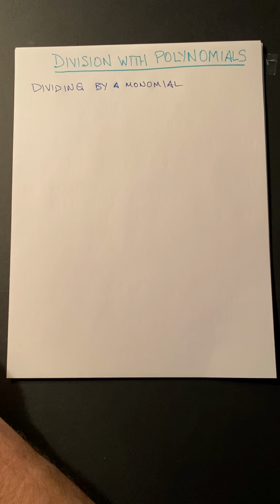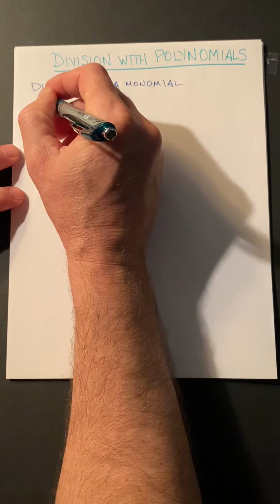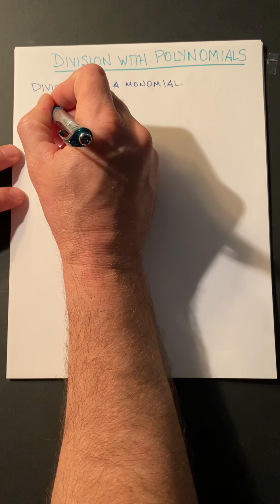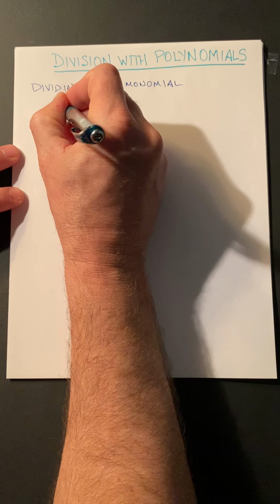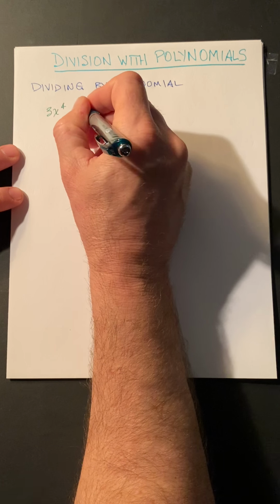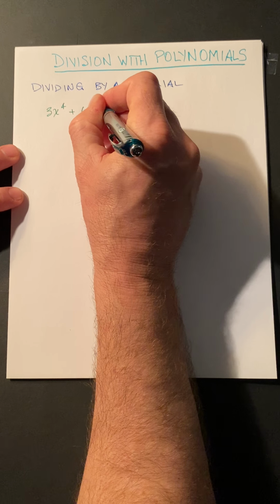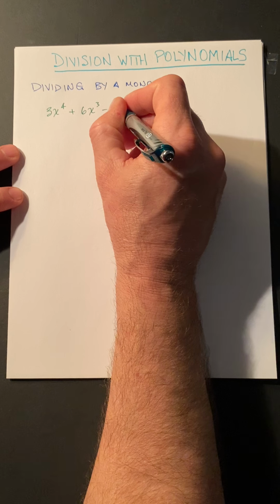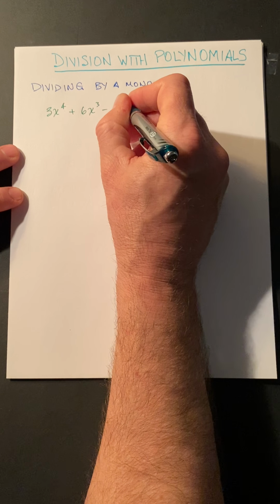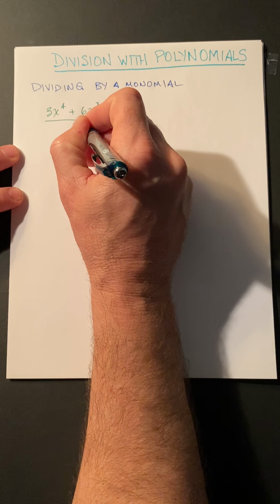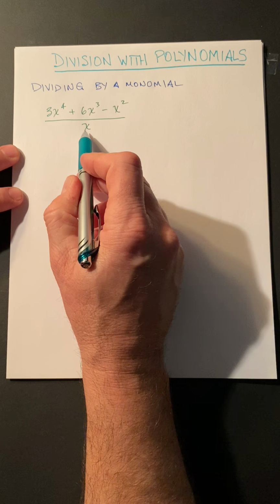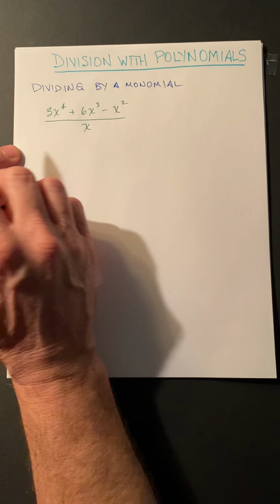So we might have a problem that looked like, let's say, 3x to the fourth plus 6x cubed minus x squared, all divided by x. So x is the monomial that we're dividing by.